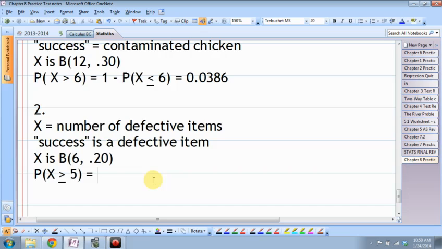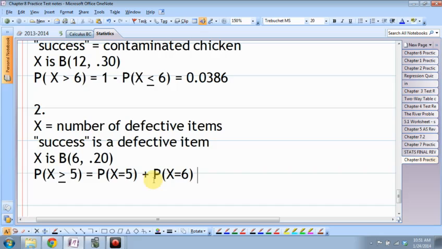One way is to think about which of our outcomes are greater than or equal to 5. Just 5 and 6, right? So we could say the probability that X equals 5 plus the probability that X equals 6. That's totally valid. And it's actually going to be kind of easy to do.